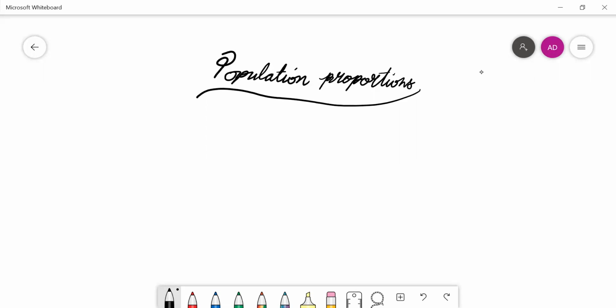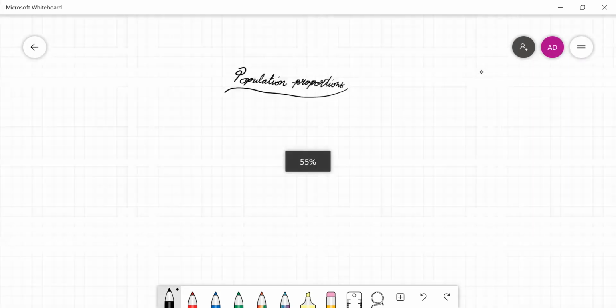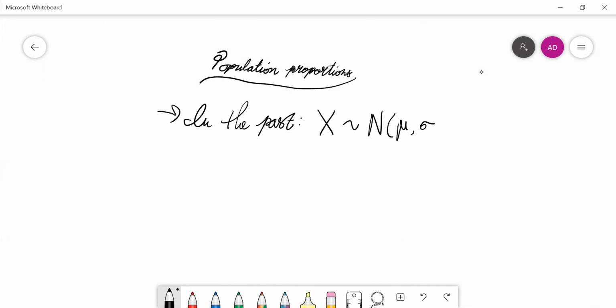Okay. So specifically in the past, we've used, say, X is distributed as a normal random variable with mu and sigma, Y distributed as, say, a t with degrees of freedom nu, right?